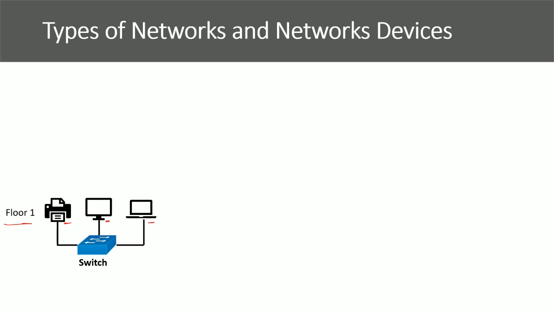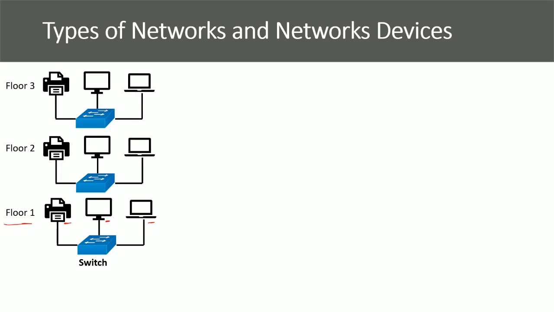Now let's assume this network expanded and we have other floors, floor 2 and floor 3, in the same building. In this case, we need a switch on each floor to connect users on that floor to services on the same floor. Now how about connecting devices on different floors to services on different floors?